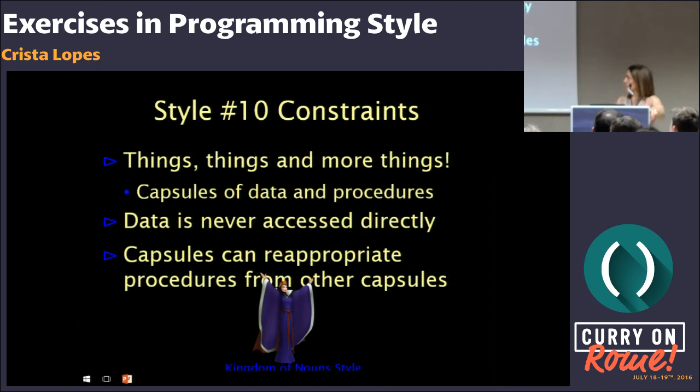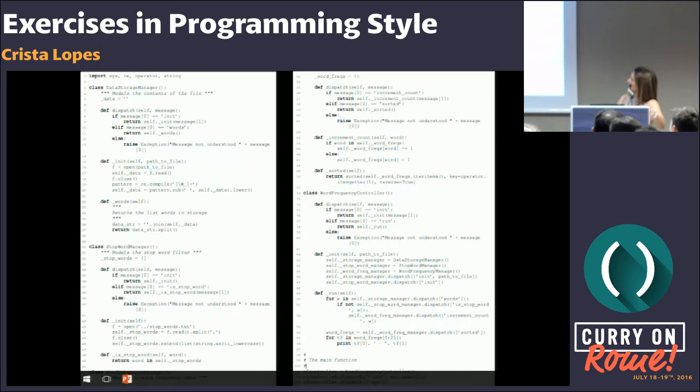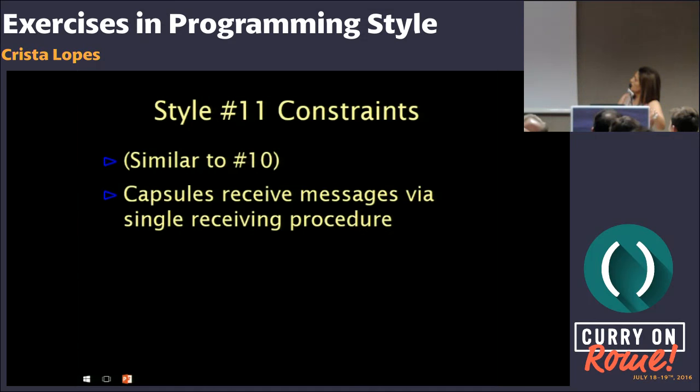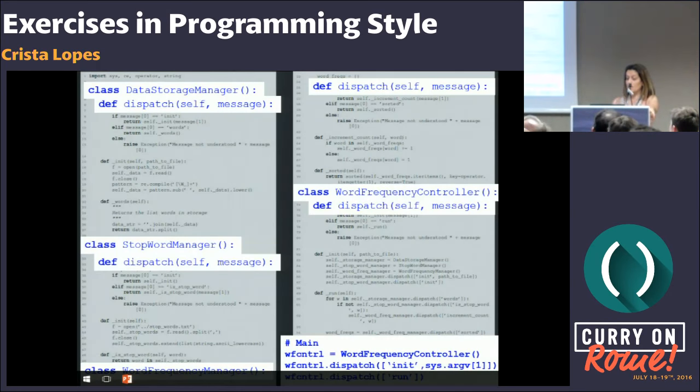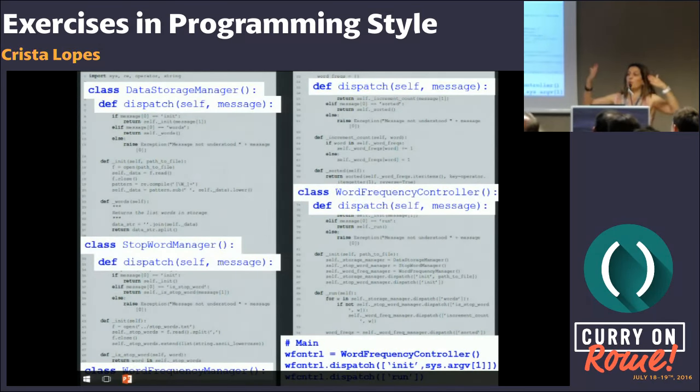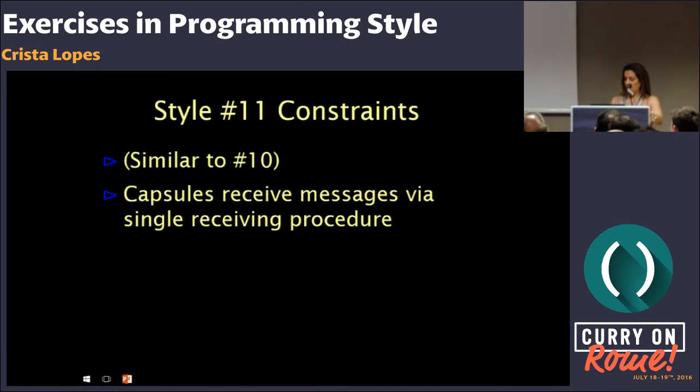Which one is this one? I'll skip this one. This is another version of objects that is more like actor-like objects. The objects basically expose only one thing, which is: give me messages. And then there's a dispatch method inside them that dispatches the messages.